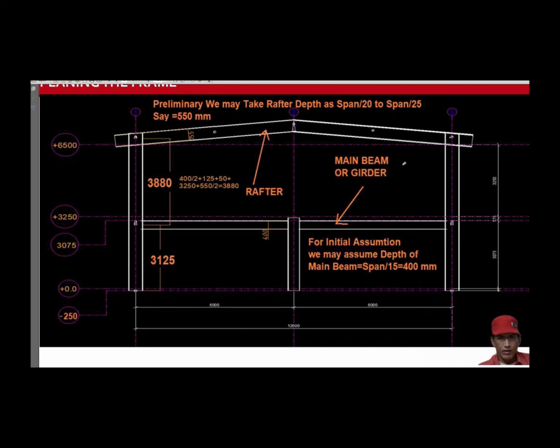Usually in the market, provisions of chapter 12 are adopted only when specifically asked for by the customer. Otherwise, the difficulty in detailing is quite cumbersome if we try to use chapter 12.